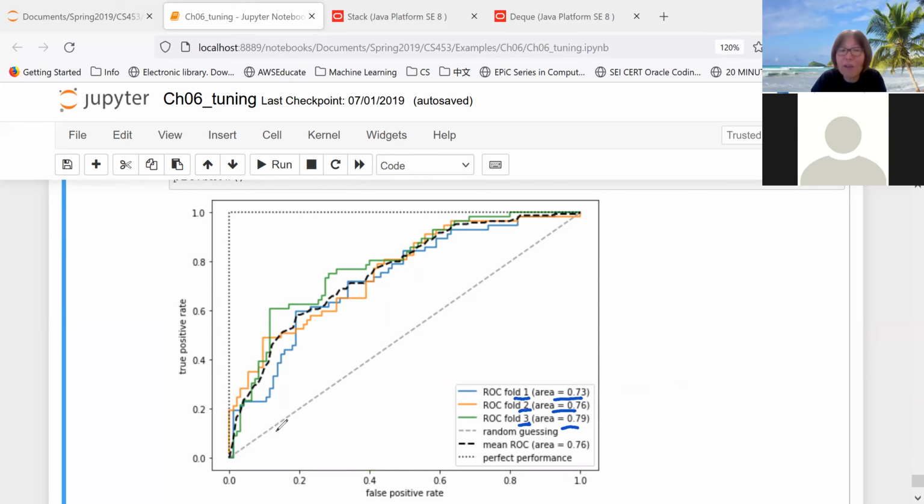And this is the random guessing line. Over here, it also shows the mean, this black line. And the perfect case should go like this. So this is regarding ROC.